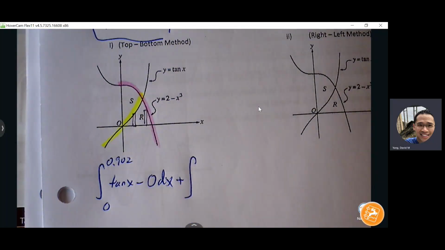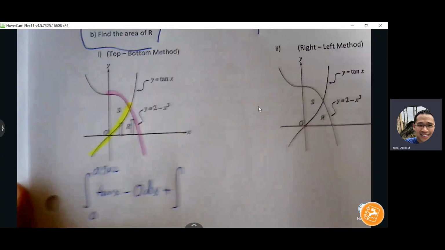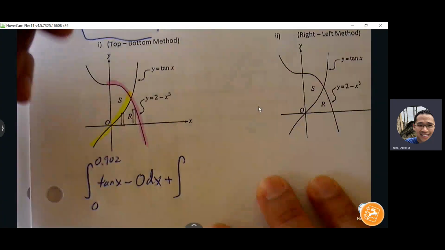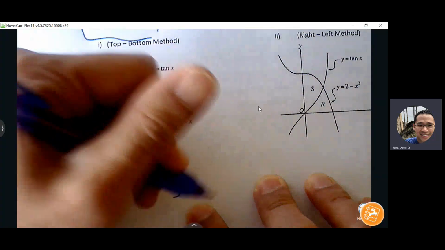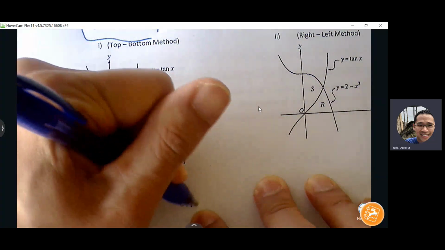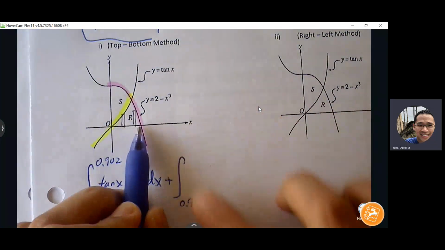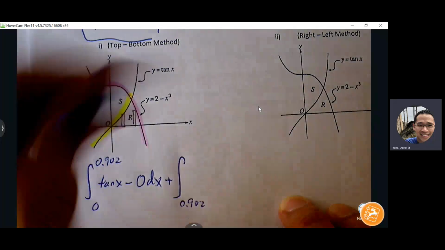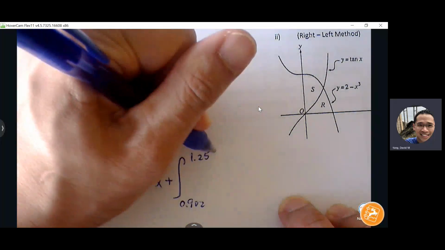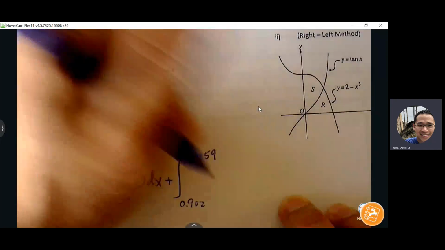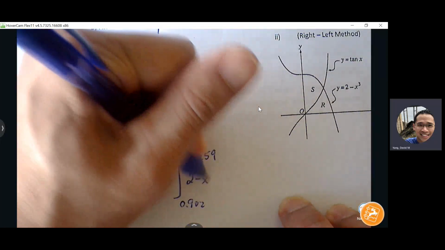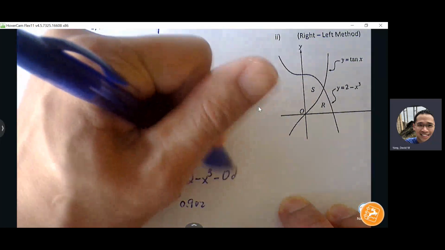And then let's move on to the region to the right where we see past the intersection where we pick up the pink curve, the 2 minus x cubed. So from what? 0.902 to this intersection, which is, yeah, 1.259. Top minus bottom again. 2 minus x cubed minus 0 dx.